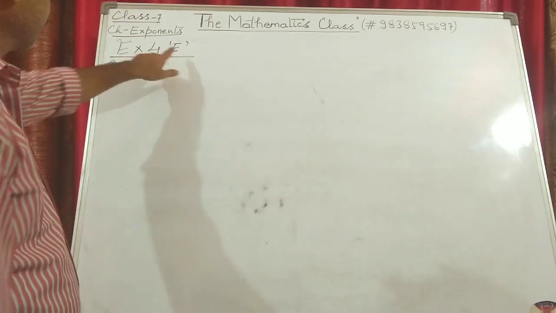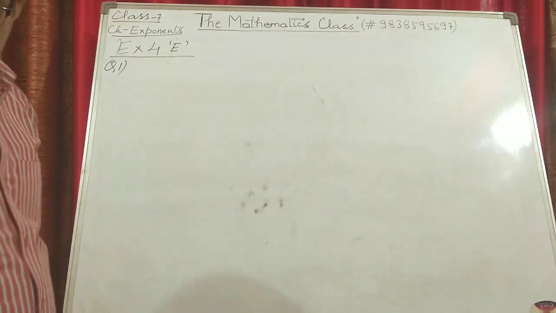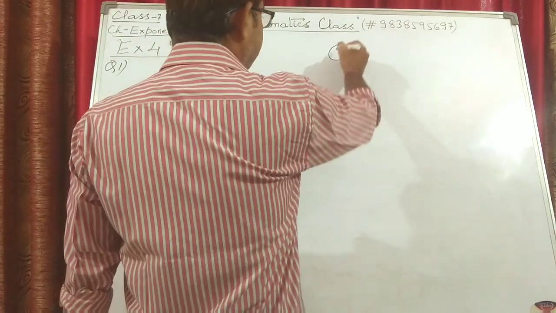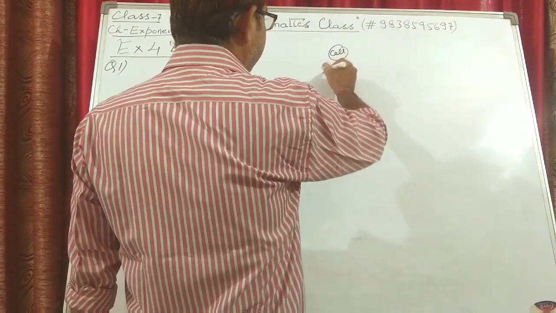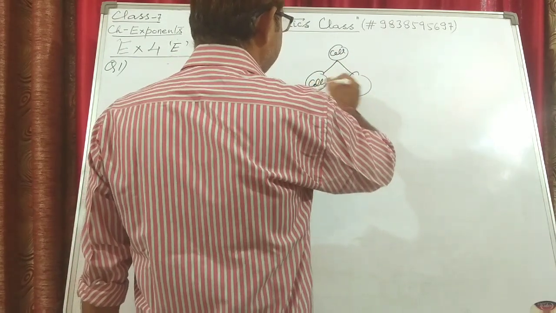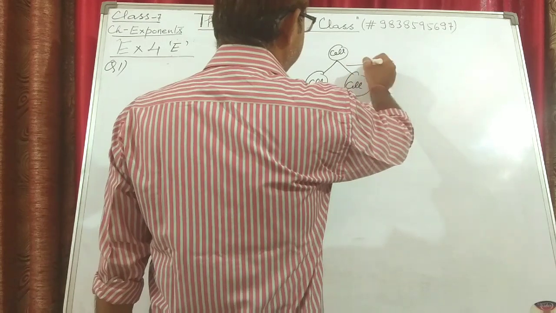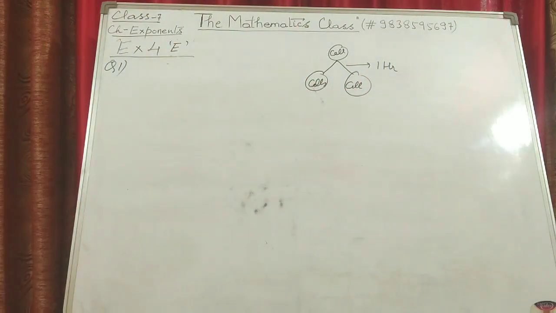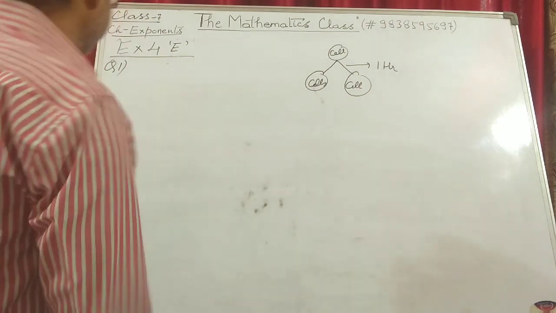The first question of exercise 4E is, every hour a cell divides into two cells. There is a cell which divides into two cells every hour. So what do they say? They say which expression represents the number of cells after 5 hours.